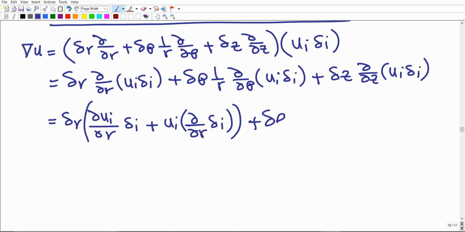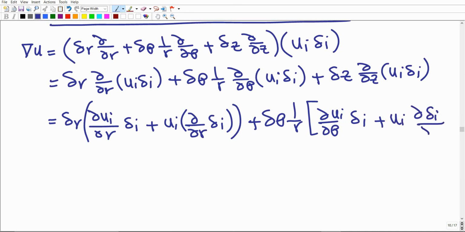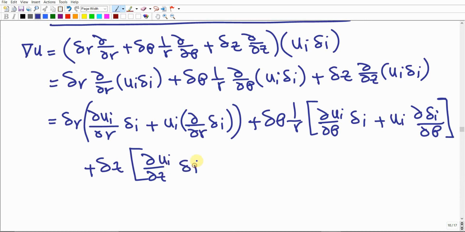The same thing for δθ (1/r), then a square bracket of partial by partial θ of ui δi plus ui partial δi by partial θ. And the third term is δz times the two derivatives: partial by partial z of ui δi plus ui partial by partial z of δi.